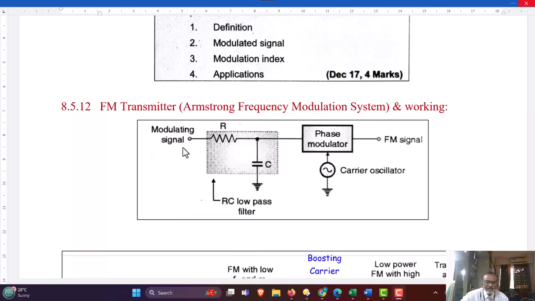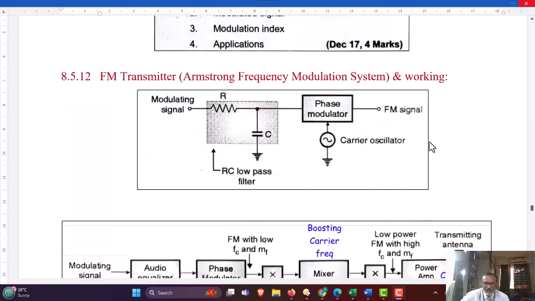An RC filter is used to eliminate the unwanted noise and limit the bandwidth of the modulating signal. Whereas the carrier is required to increase the frequency of the modulated signal, and therefore here two signals are mixed in the modulator and it will generate the frequency modulated signal.